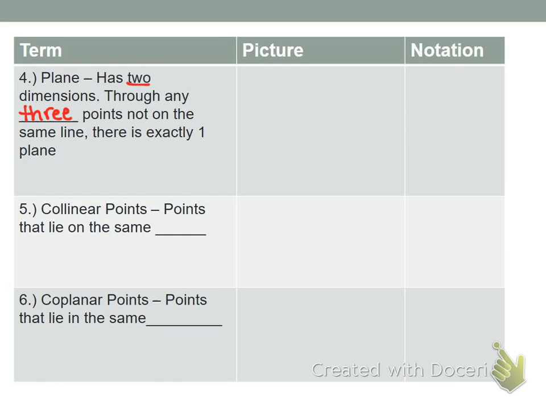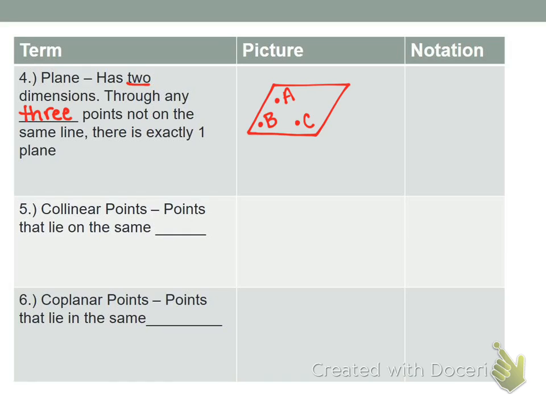Planes are a little bit harder to represent in a picture. So usually you will see a plane kind of looking like a parallelogram or a quadrilateral of some sort. Looks like a box. We should have at least 3 points that are not on the same line inside of there. So I'll use points A, B, and C.